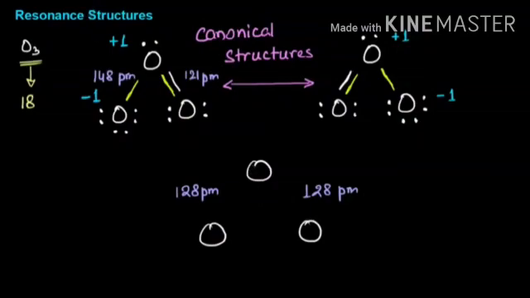So one bond is single in all, and the other is a half bond, which is represented by a dotted line. This dotted line shows that these two bonds are the same in characteristics, having the same bond length and same bond energy. This phenomenon is known as resonance.